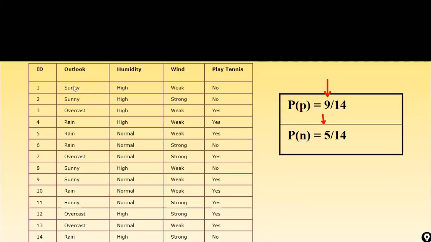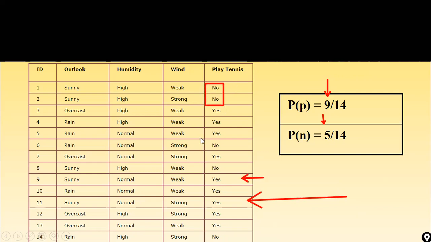If you look here in the case of sunny, how many yeses are there, how many no's are there? Sunny is 1 yes, and then here we have sunny yes. Sunny is no, right?